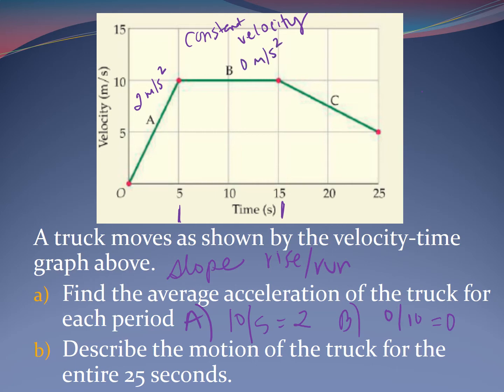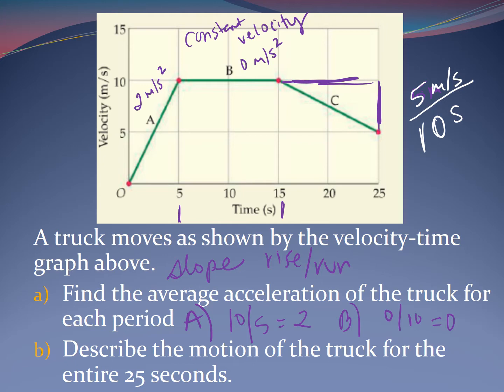Now at C, notice that my rise here is just 5 meters per second, over my run, which is 10 seconds.